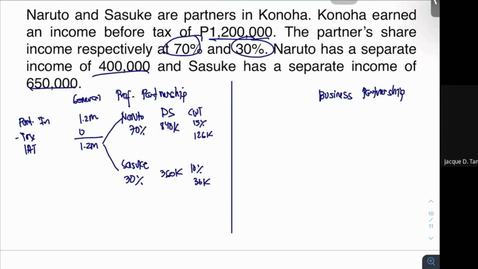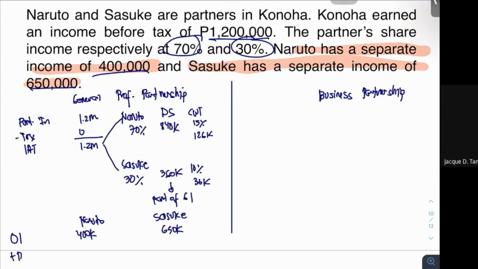Okay. So after that, take note, since this is only a creditable withholding tax, the distributive share will be part of gross income. So in the separate income of Naruto and Sasuke, we have here your other income of 400 for Naruto, and Sasuke has 650.